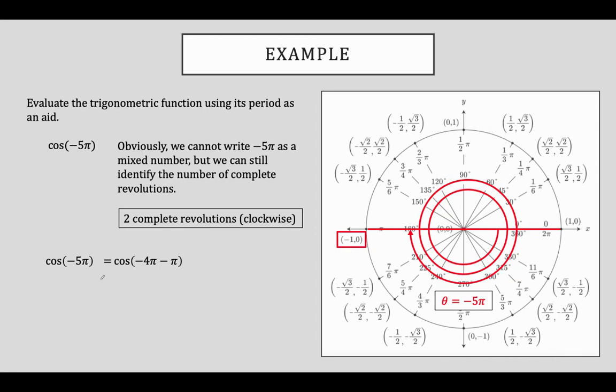Well, the cosine of negative 5 pi, that's the same thing as the cosine of negative pi, right? This negative 4 pi is just 2 complete revolutions in the clockwise direction. And what's the cosine of negative pi? Well, to evaluate cosine, we need to identify the x-coordinate, which is negative 1.